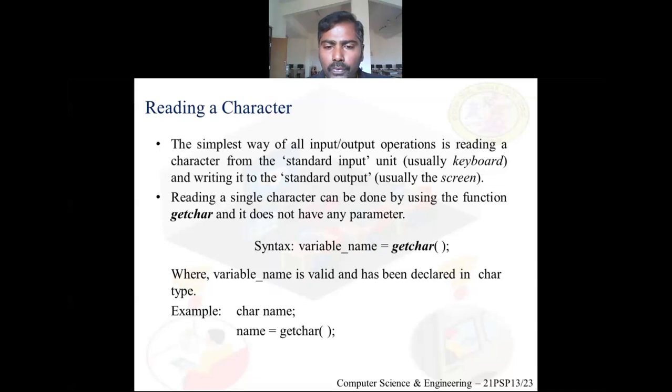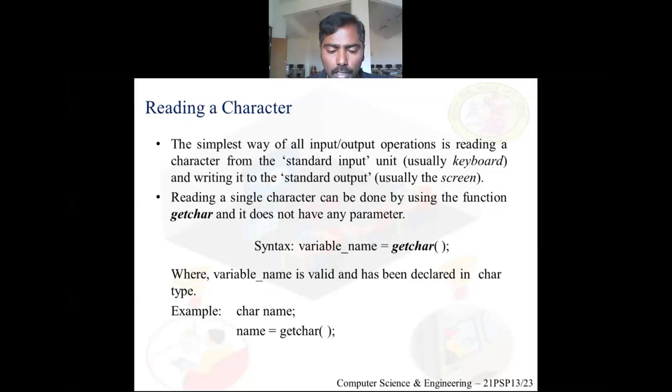Getch waits for one character to be entered on the keyboard. It waits for the user to enter a character. When the user enters a character on the keyboard, the execution of getch finishes, and the control passes to the next statement.